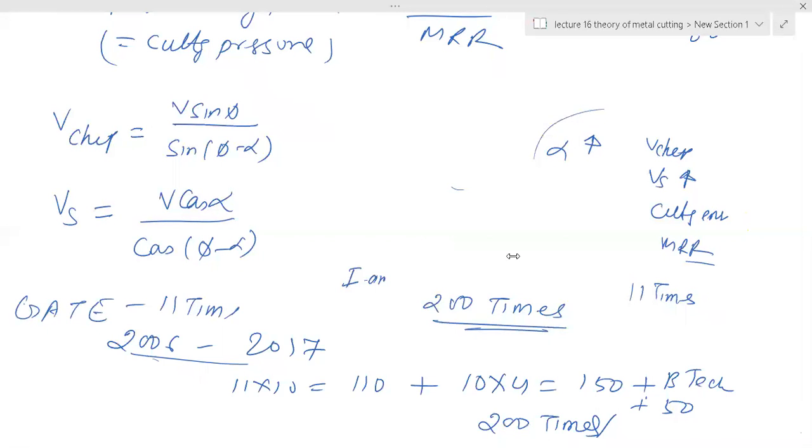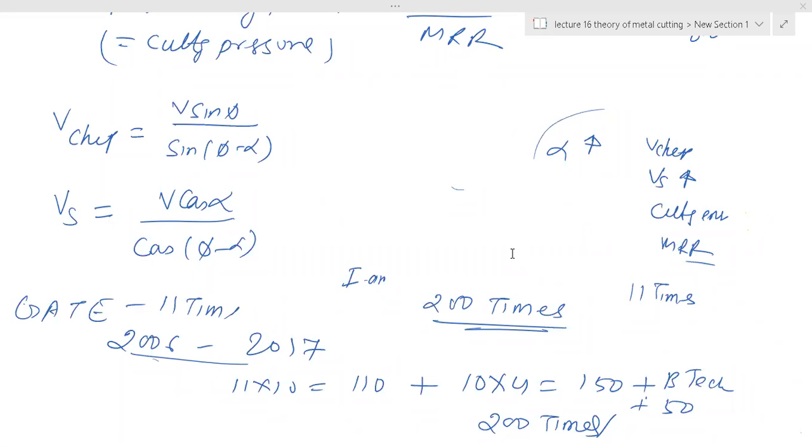Even I forget, man. I confuse here. Fp is equal to Ft cos alpha, Ft sin alpha, like that. So I am telling you, don't get confused.